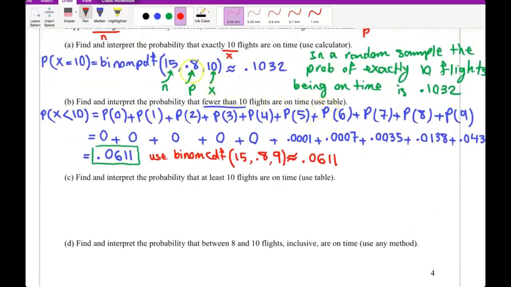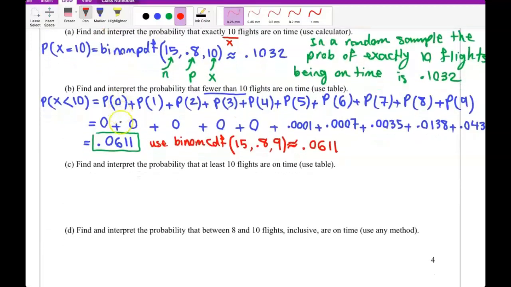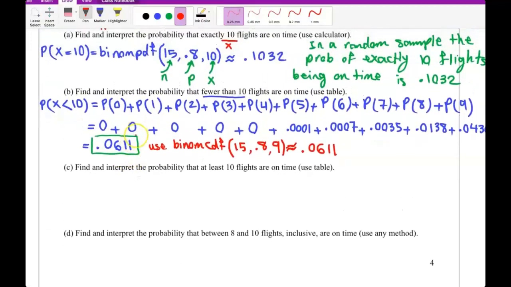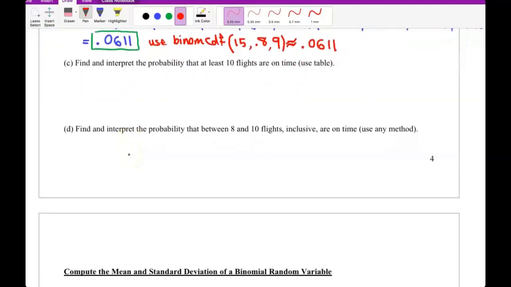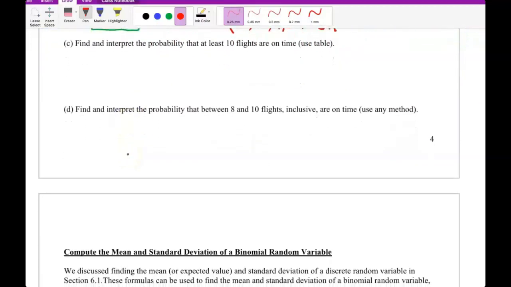Okay, so I only interpret for the first part. I'm not interpreting for these. I only want to show you how to find the answer for each part. So find the probability that at least, here we have at least 10 flights are on time. Here, on the spot again, use table. So probability of X when X is greater than or equal to 10, because we have at least 10.